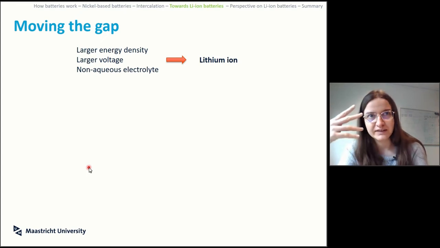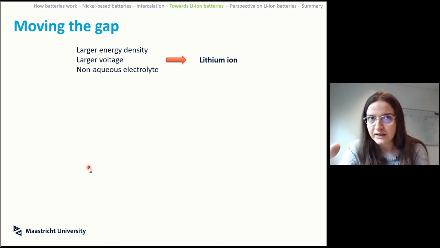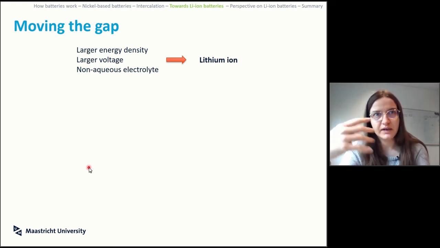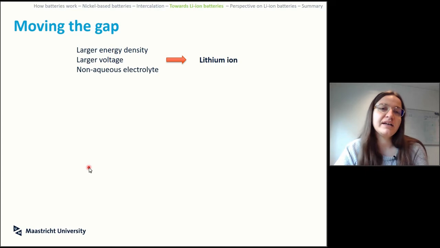So if something needs water to be carried around, it's not your thing. You want something that will be soluble in potentially something organic, something non-aqueous. And the answer to all of this business tends to be lithium ion.